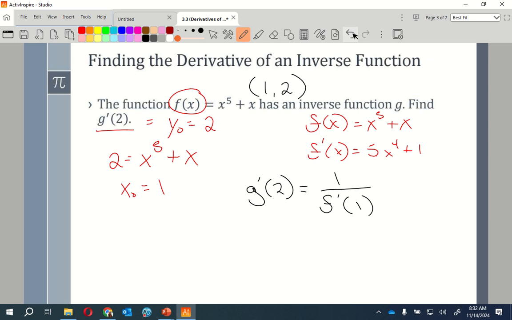Yes, so far? Okay, so again, item by item, I'm just slowly working it out. I'm slowly looking at little bitty parts, okay? I know what f prime is, but now I need to figure out f prime of 1. So f prime of 1 is going to be equal to 5 times 1 to the 4th plus 1.